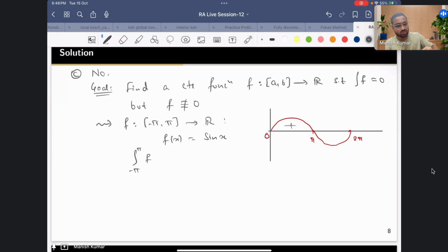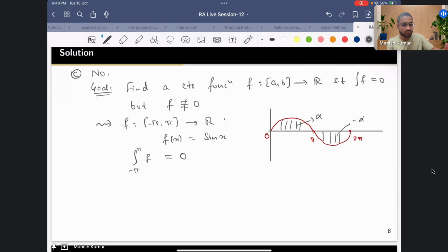Suppose the area here is alpha, then the other would be minus alpha, right? So the sum of these two values will turn out to be 0. So the integral of f would be 0, but clearly f is not 0.